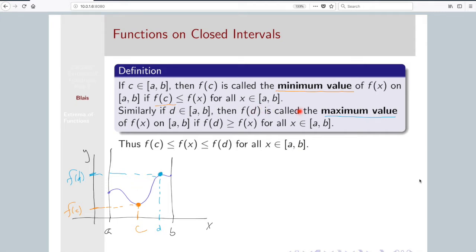And you see that the defining criteria is that f of D is larger than or equal to f of x for any other x in AB. Again, thinking of that as just meaning it's the highest point. So this is the minimum. F of D is the maximum, and f of x is always in between its minimum and its maximum on our interval AB.